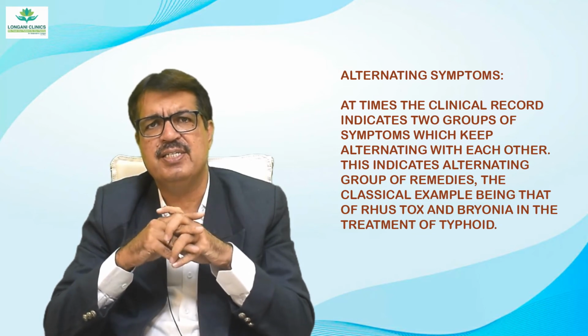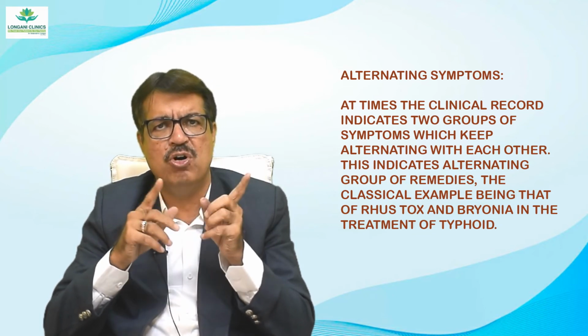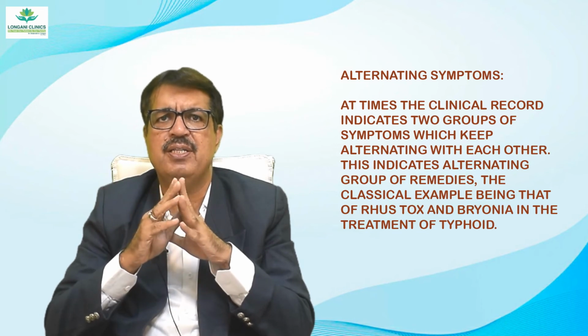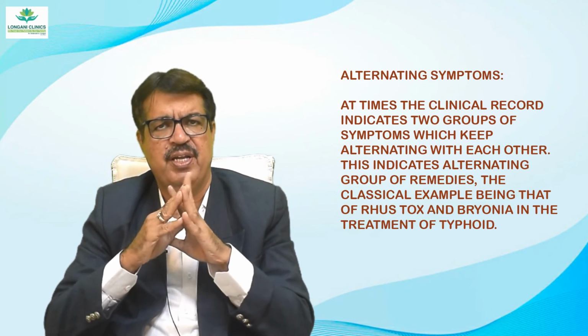The classical example being that of Rhus tox and Bryonia in the treatment of typhoid. However, when a similar situation occurs in a chronic case, when apparently unrelated complaints alternate, perhaps in different regions, or the one appears when the other is ameliorated, a special note of this alternation has to be made and an appropriate reference made to the repertory.